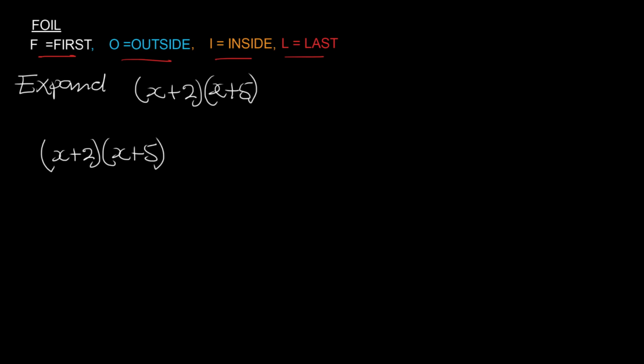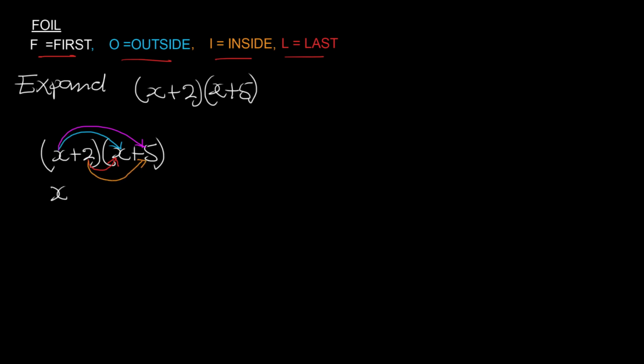First, multiply the first items, and that is x and x. Second, multiply x and 5. Thirdly, we multiply the inner terms, 2 and x. We multiply 2 and x. And lastly, multiply 2 and 5.